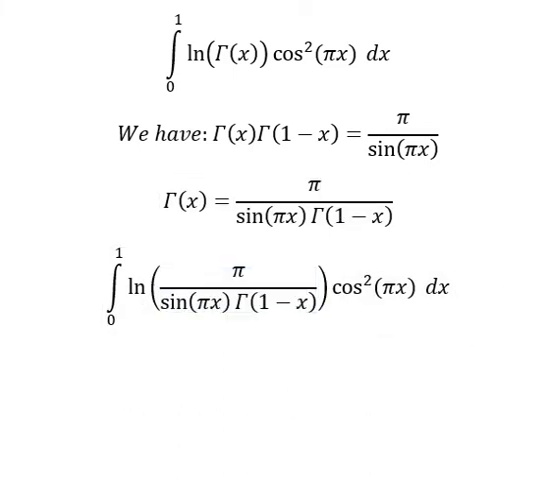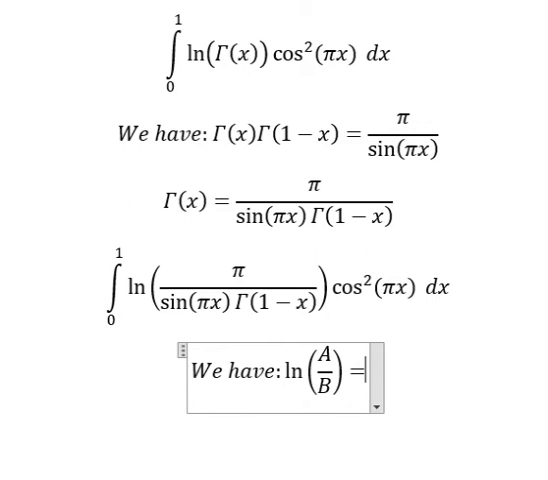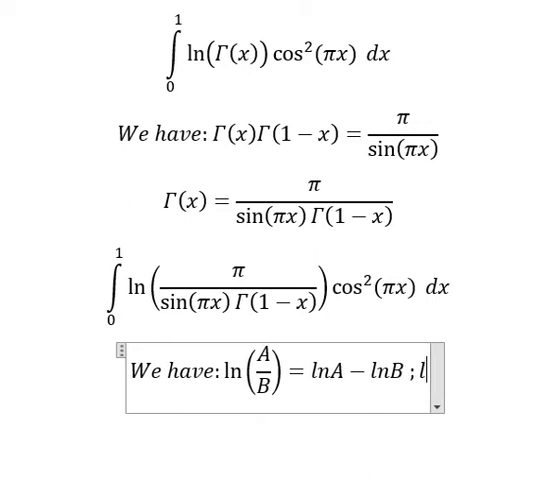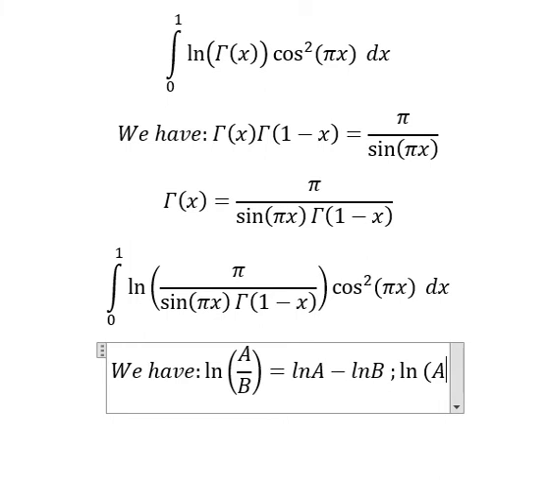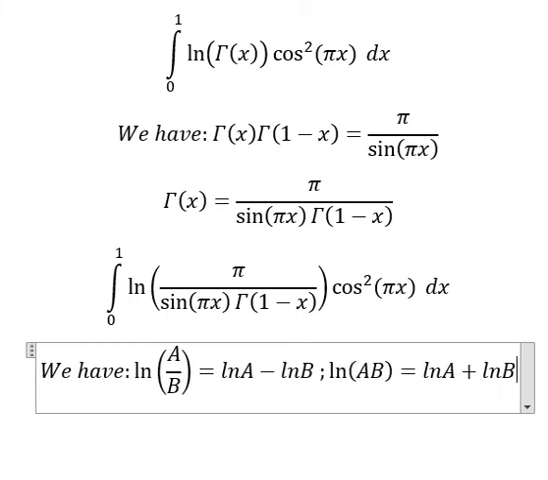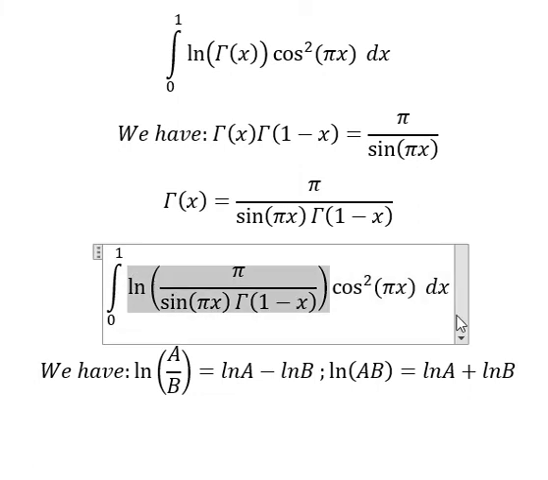Next we apply two formulas in here. That's about ln of a over b equals to ln a minus ln b, and the second one that's about ln of ab equals to ln a plus ln b. So we apply two formulas for this one.